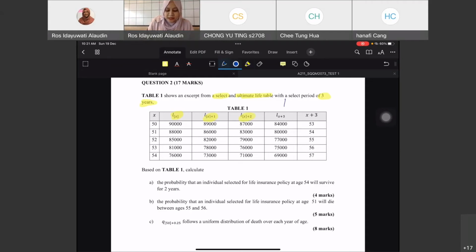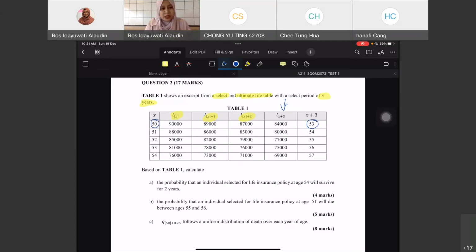Starting from here, they go to the normal life table, which we call the ultimate life table. So for a person whose current age is 50, at age 53, if he doesn't renew the medical examination, he will join the group of the ultimate life table.